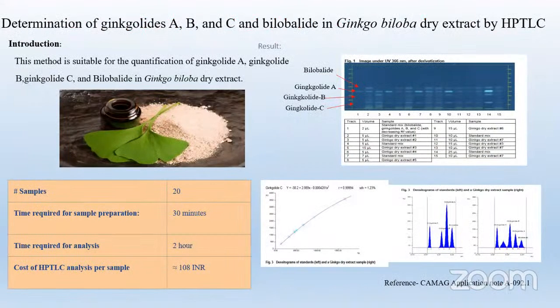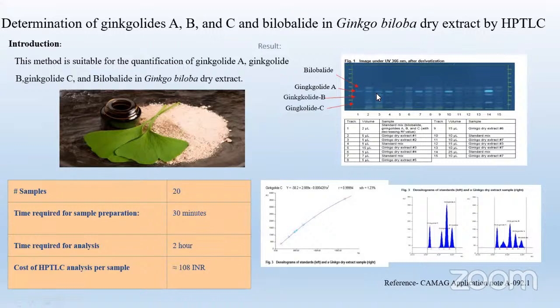We can also develop the method for simultaneous identification and quantification of different standards in a sample. This is an example of Ginkgo biloba, which is a very famous Chinese medicine, which is used for its various activities like anti-cancer activity, immunomodulator activity, antioxidant activity, and it has these four markers: ginkgolides A, B, C, and bilobalide.